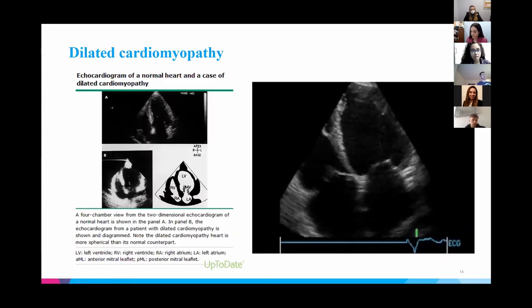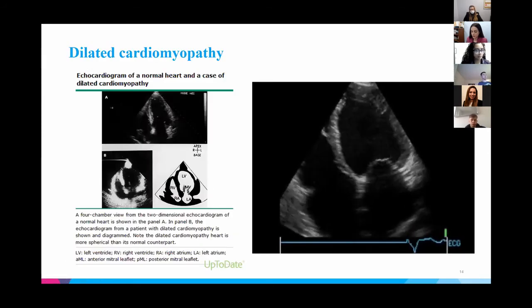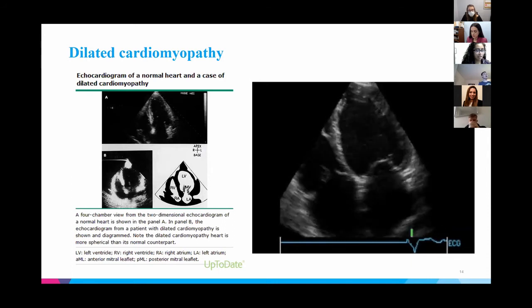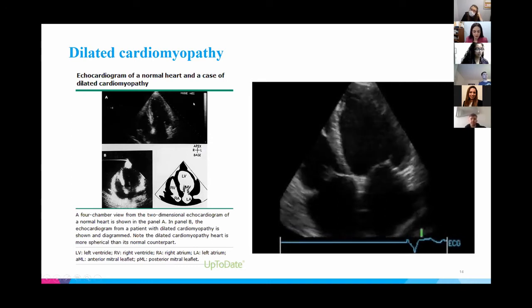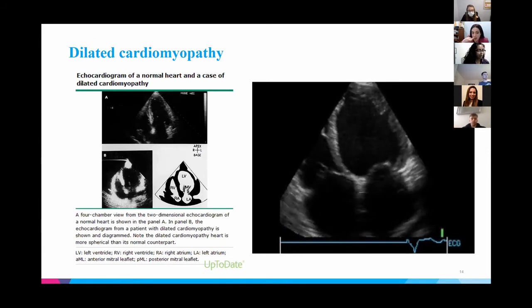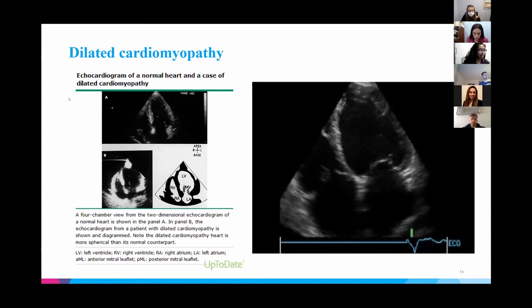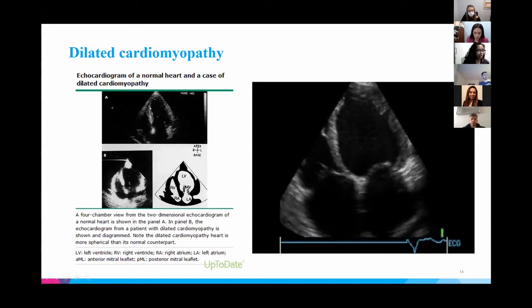This is an echo, echo images of a dilated cardiomyopathy. In panel A up here, it's a 4-chamber view from the echo, and in panel B, the echo is from a patient with a dilated cardiomyopathy. In a normal heart, you have an elongated left ventricle.